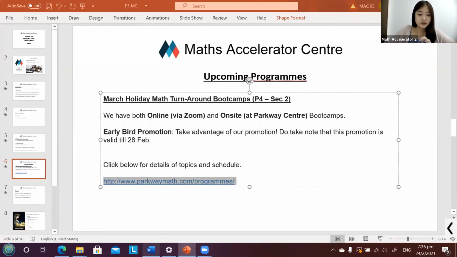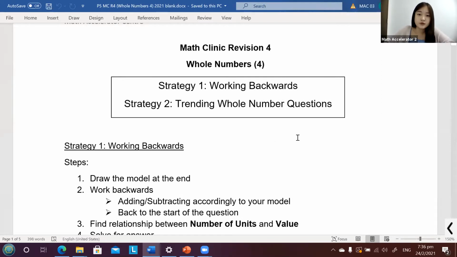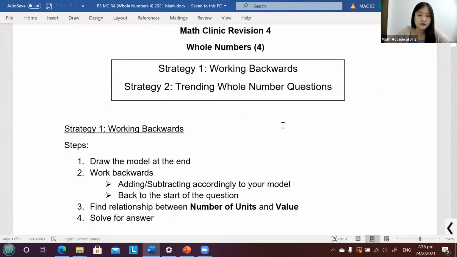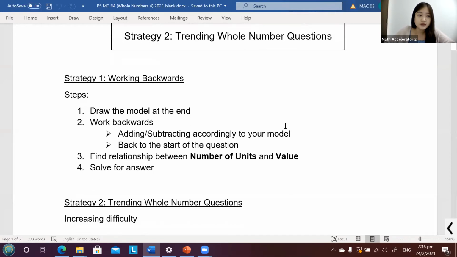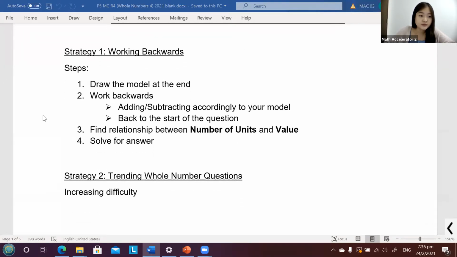So let's start on the questions. Today we'll be doing working backwards for strategy 1. Let's take a look at the steps. First, you want to draw the model at the end, which means when you read the question, you portray the model using the last part of the question, what happens at the end.